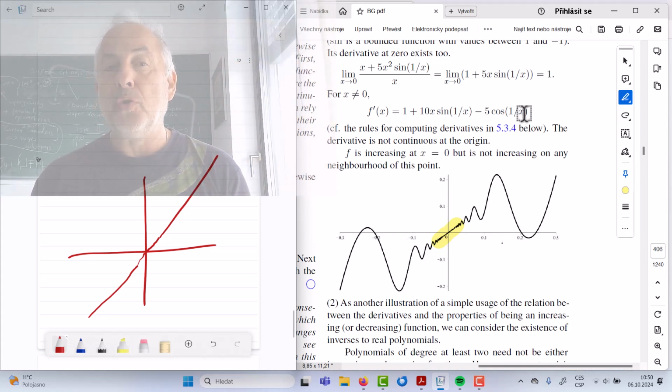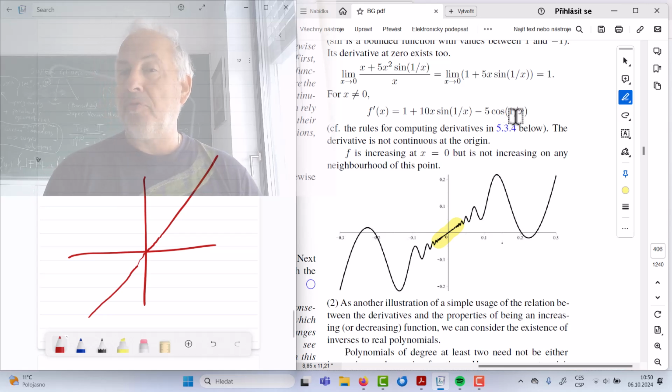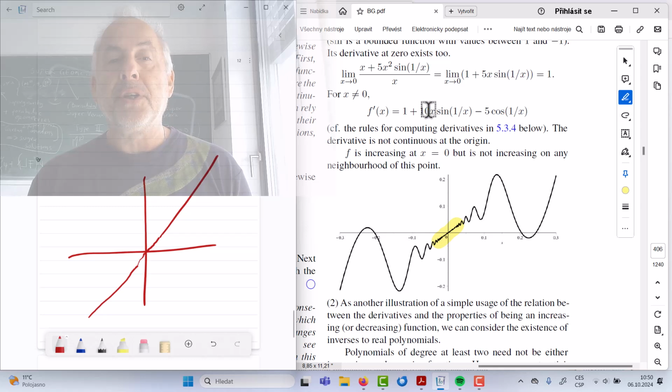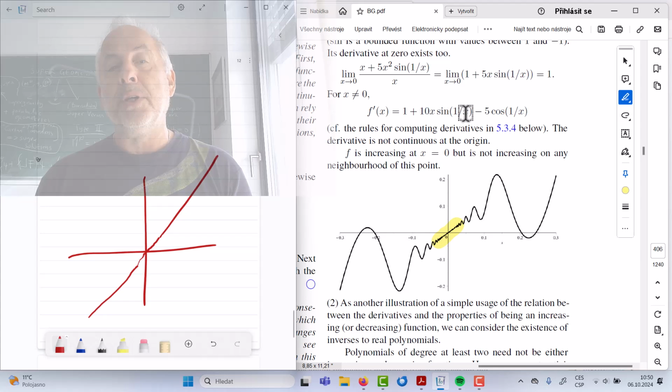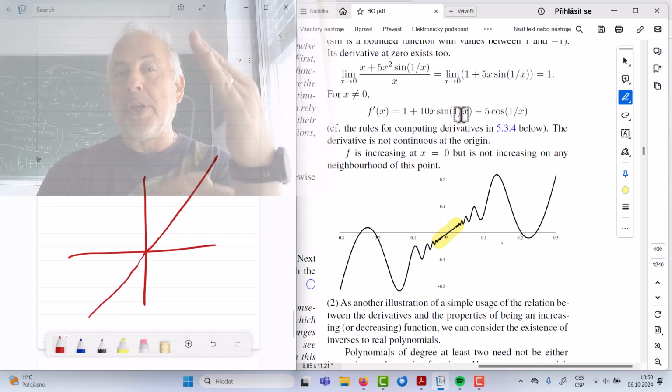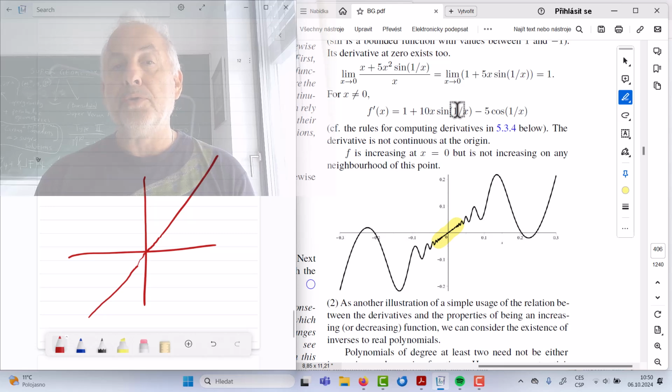If x goes to 0, so 1 over x goes fast to infinity. And this guy, so sine is between 1 and minus 1, so x times sine of 1 over x will be smaller and smaller. So going to 0, this will vanish, right? So you will have 1 minus 5 times something which is wiggling very fast between minus 1 and plus 1.